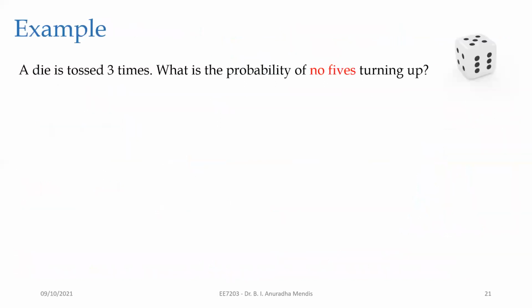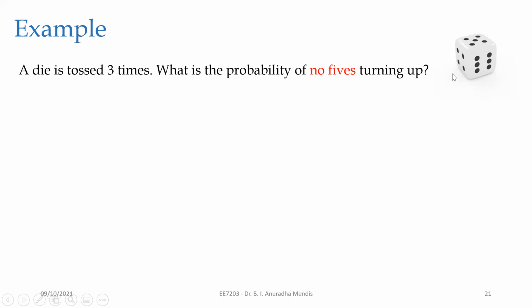A die is tossed 3 times. Now this is a fair die, there are no inclinations. Assume this is a fair die, tossed 3 times. What is the probability of no 5s turning up?